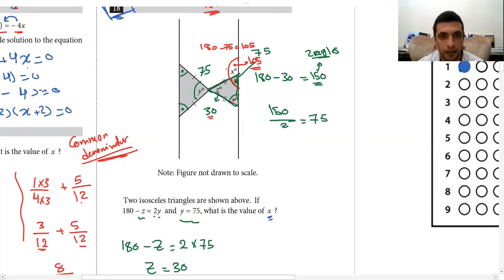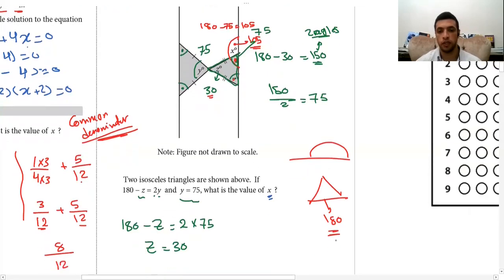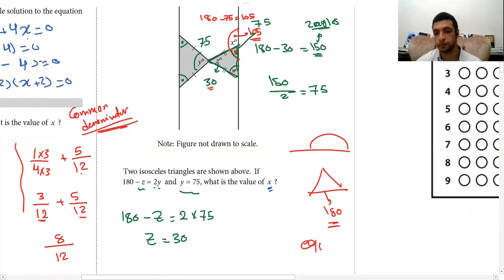Here it's 180 degrees because it's a line. 180 minus this 75 is going to be 105, which is this angle. So we used the straight line in the last step, triangles add up to 180 in the second step, and the equation in the first step. This equation.